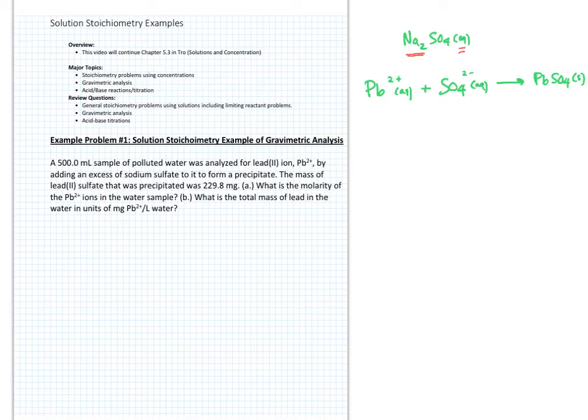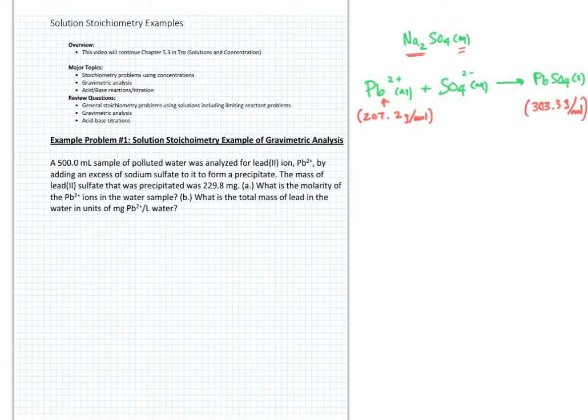I'm going to write down the atomic masses and the molar mass of these things. So this one's 207.2 grams per mole. That's the molar mass of lead, and lead sulfate is 303.3 grams per mole. That's the molecular mass of lead sulfate.